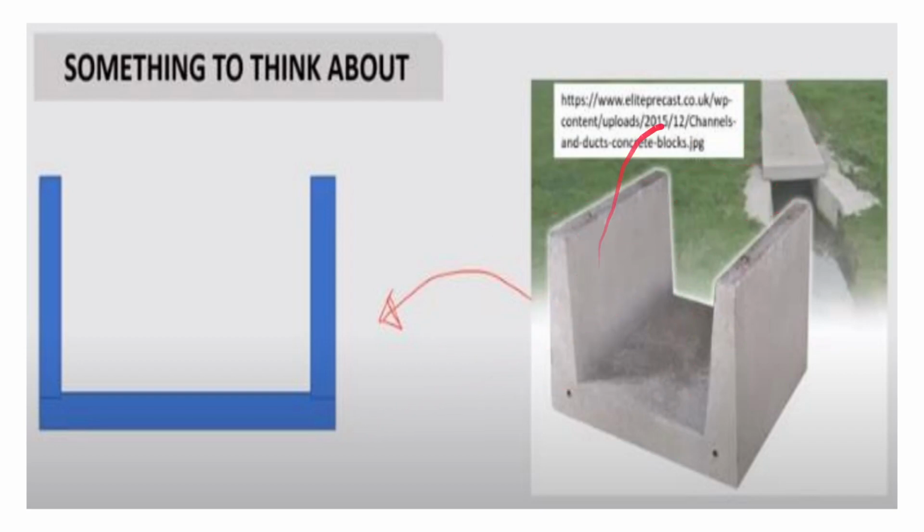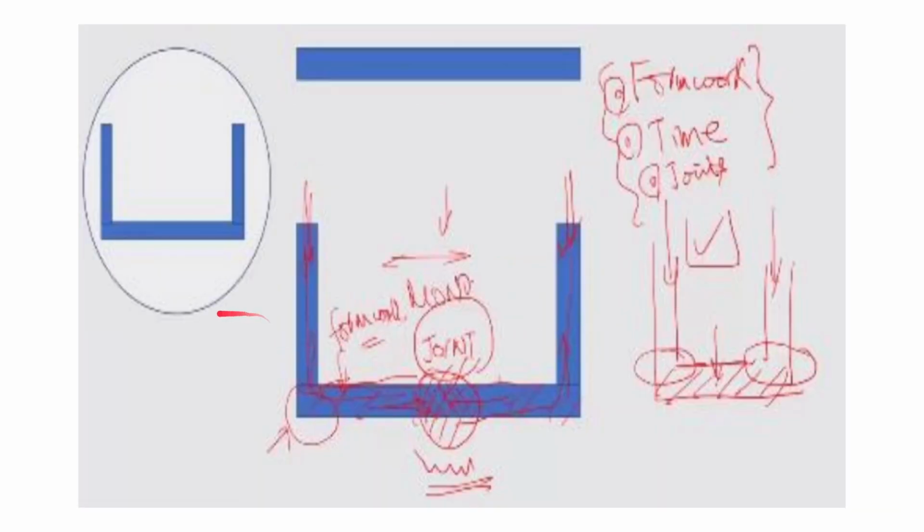So these are some of the usages of constructing precast concrete drains in the lab, okay. So this has a lot of advantages. Mainly the advantage is that less workmanship and skilled labor is required, okay.